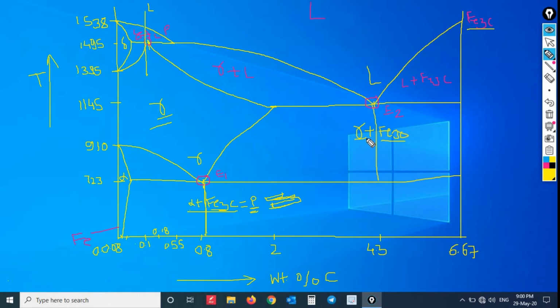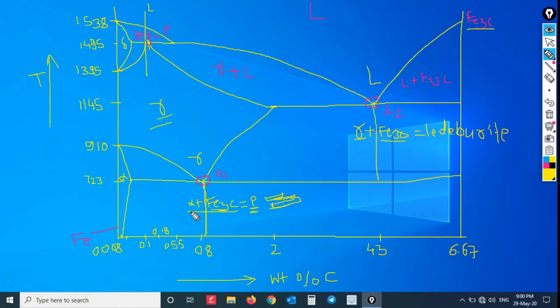Second, the mixture of gamma plus Fe3C is called ledeburite. See the difference.